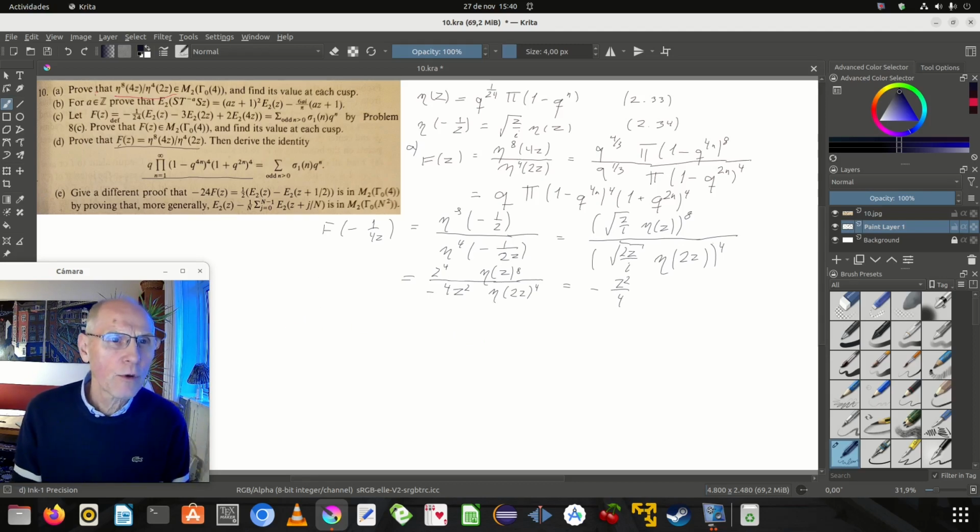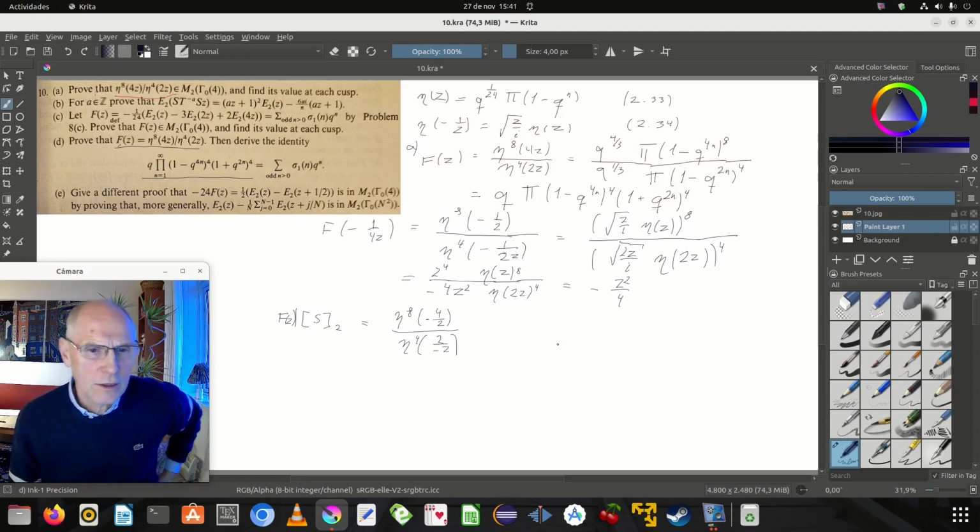Then let's work on the value of the cusp at naught. Like this. That was a substitution, and then it's -1 squared. That's, of course, unity.